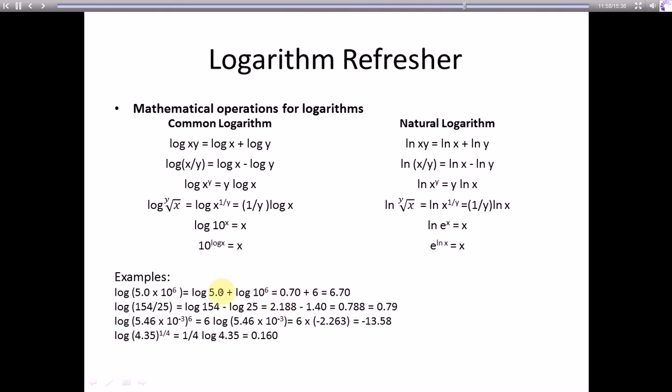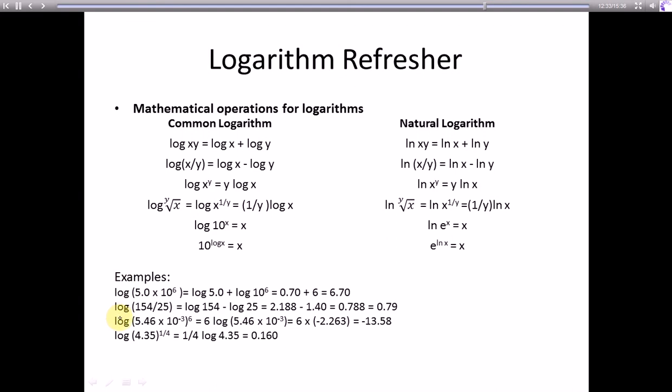And using my significant figures rules, I have two significant figures here in my argument, and when I take the log, my answer needs to have 2 decimal places. And there you go, 0.70. And in this part, I have log of 10 to the 6th power, and using this rule here, I simply wind up with 6 as my answer, and then I add them up.